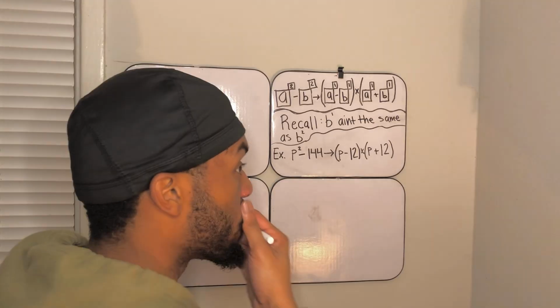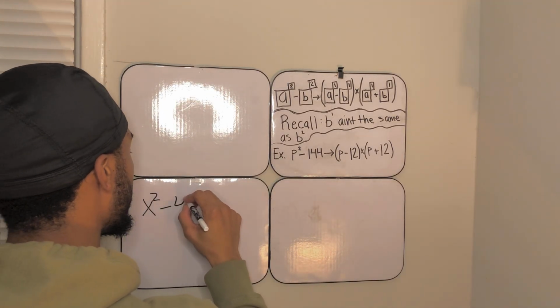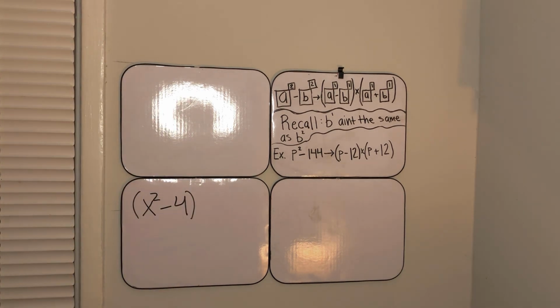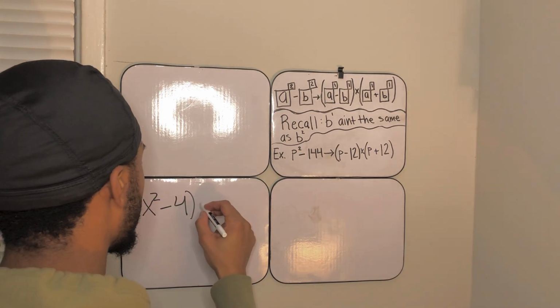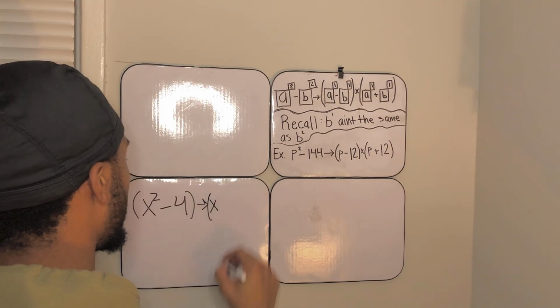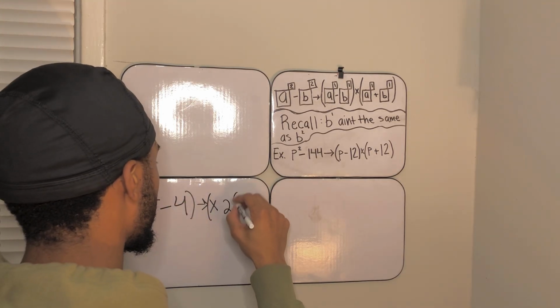So the first example is x squared minus 4. How do we do this? We take the square root of each term. The square root of x squared is x, and the square root of 4 is 2.